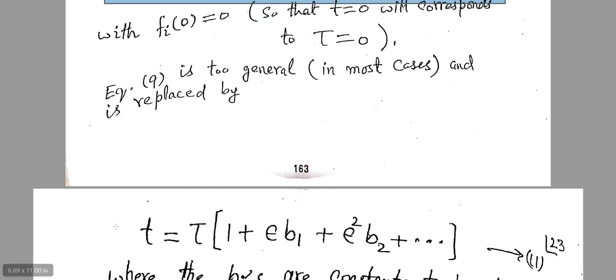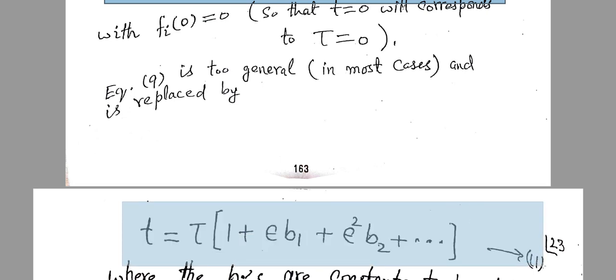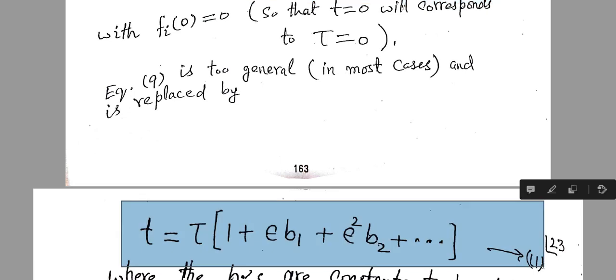In practical applications we will use the perturbation expansion for the independent variable t of the form 11, which is highlighted over here.